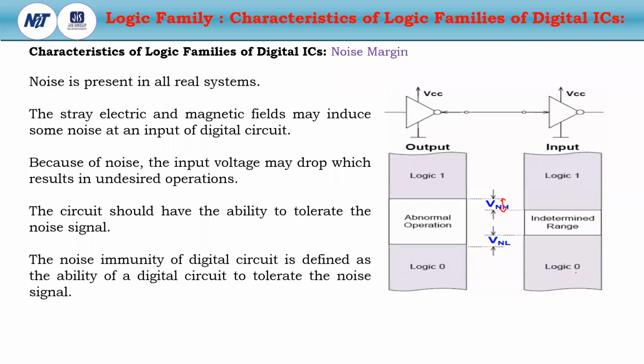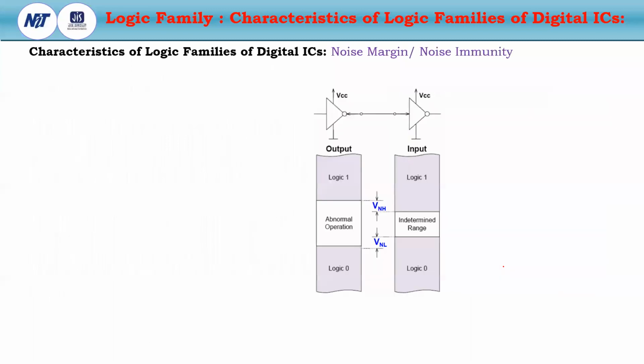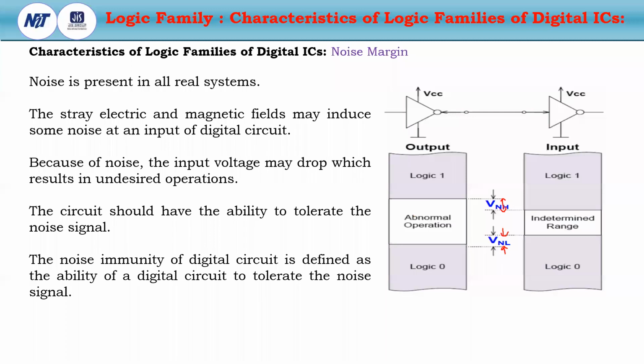Similarly, for logic 0, this is the logic 0 level input, but here the logic 0 level starts. The difference between the input logic 0 and the output logic 0 voltage levels is called the noise low level. This is the noise high level, this is the noise low level.